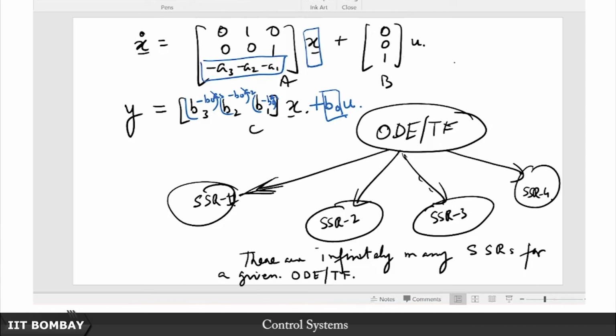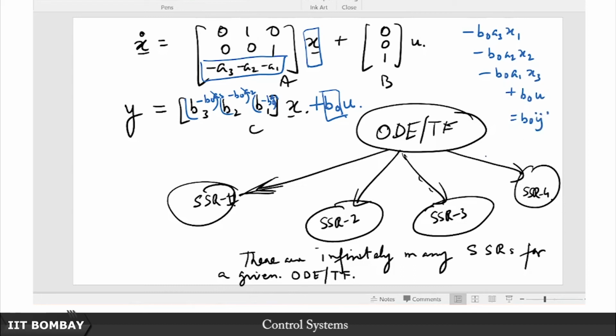Now B0 times y triple dot is nothing but minus B0 A3 times x1, minus B0 A2 times x2, minus B0 A1 times x3, plus B0 u, which is equal to B0 y triple dot.